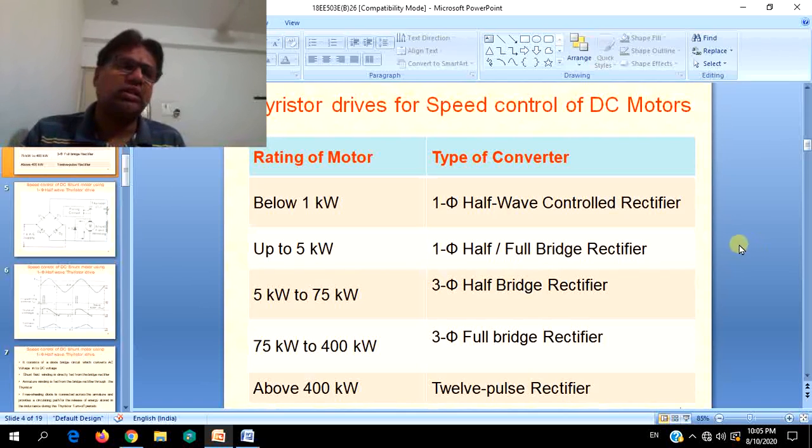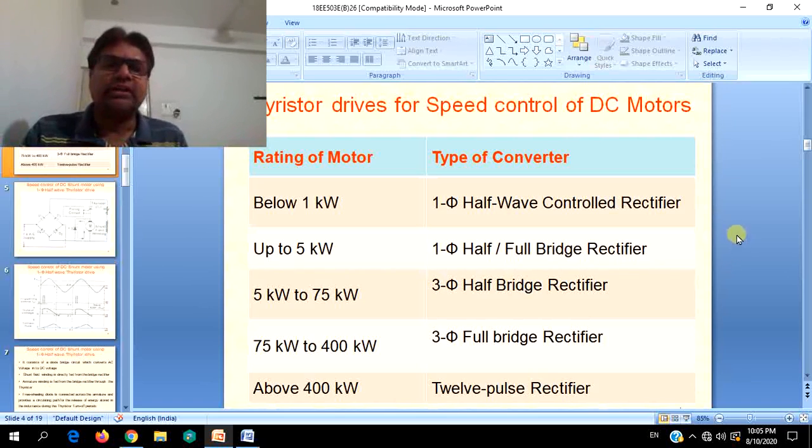So all the concepts whatever we have discussed in the rectifier cases or converter cases are applicable in these cases of speed control of DC motors, where we can understand the concepts by simply replacing the load in the previous cases by DC motors.